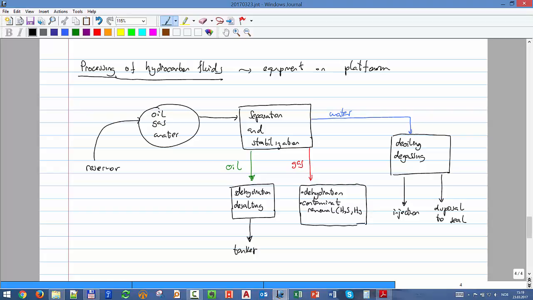And this gas usually goes to a pipeline.